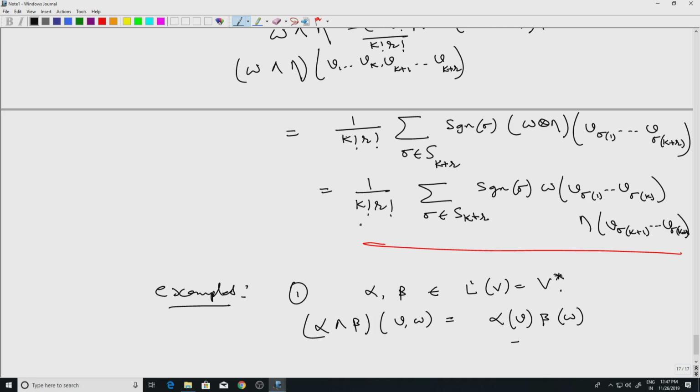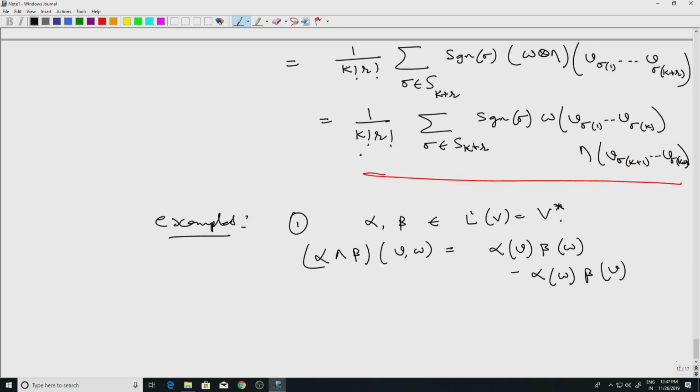Its sign is -1, therefore I get -1 times alpha of w and beta of v. Right, so that's it. So the wedge product of two one forms is rather easy to describe. It quickly becomes more complicated as we take higher order forms.